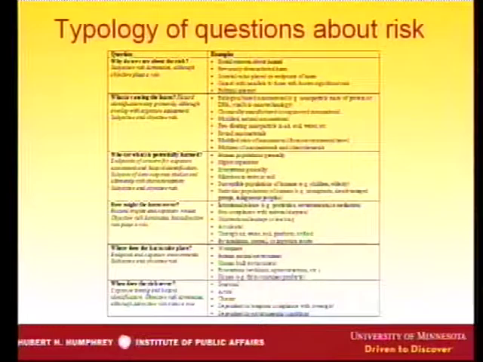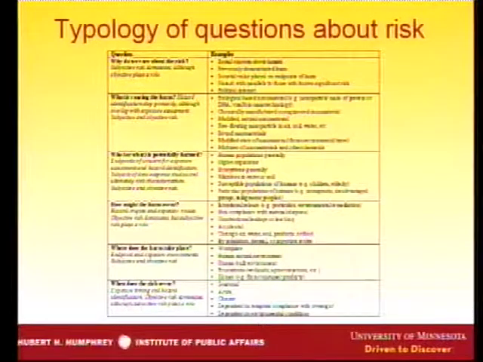But a second strategy, and this table is in a book chapter that'll be coming out, is framing studies according to just the basic questions one might ask about risk. This is a typology or taxonomy, depending on if you're a social scientist or a biologist, of questions about risk. So one other approach might be just framing it with: why do we care about the risk?